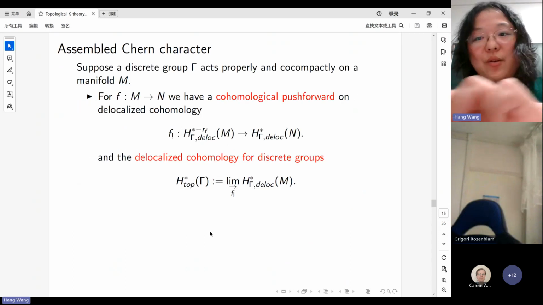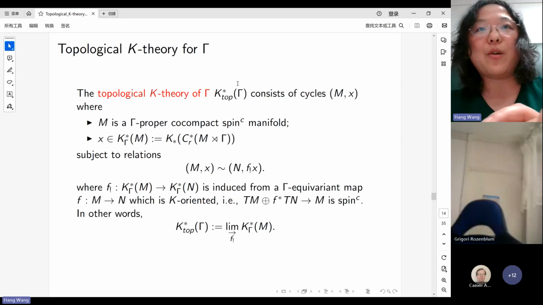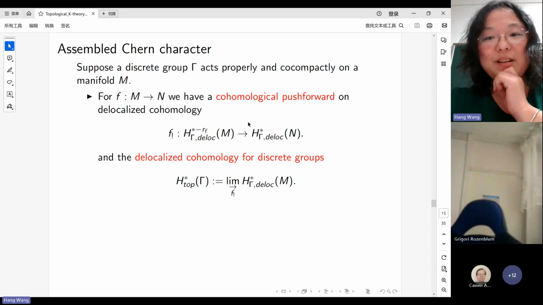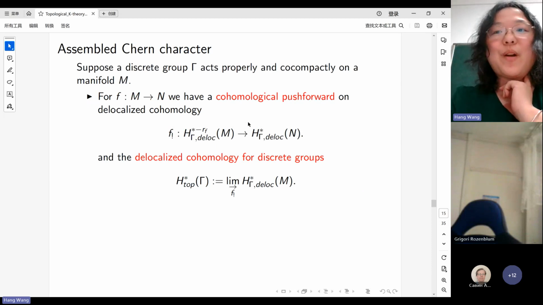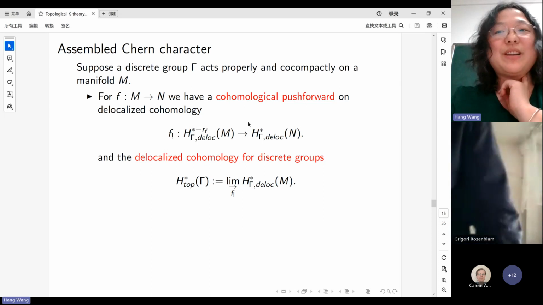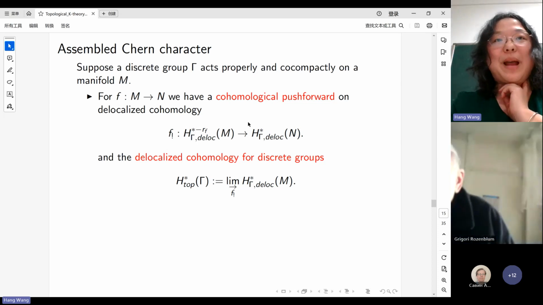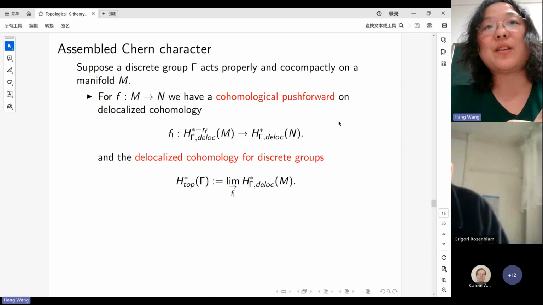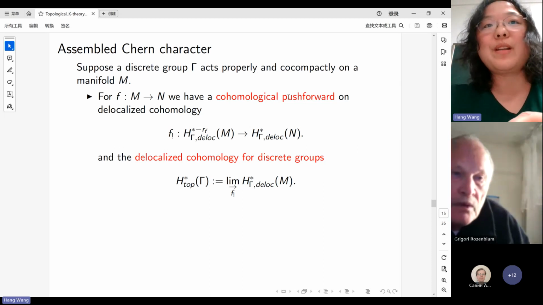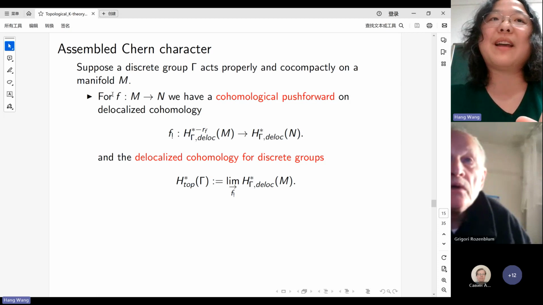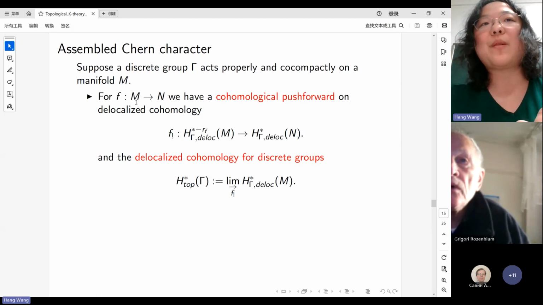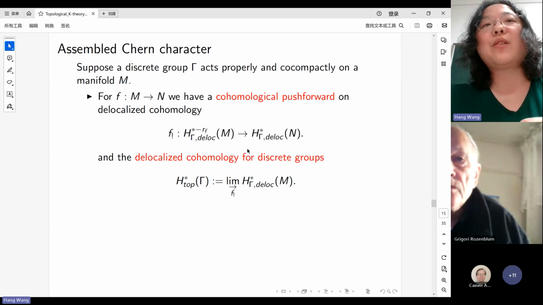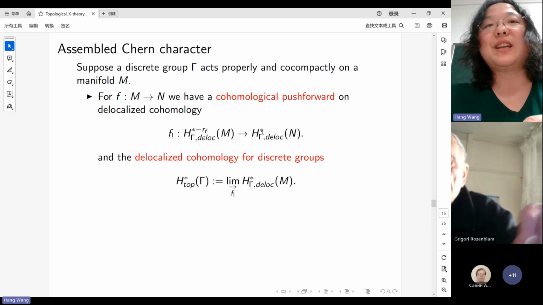Okay. So this is how we define the topological K-theory for gamma. Recall that from K-theory to ordinary cohomology or homology, there is the so-called Chern character map, and we want to say that we have an analogous construction on the cohomology level, namely given a nice gamma-equivariant map from M to N, we can not only push forward on the K-theory level, we can also push forward on the cohomology level.